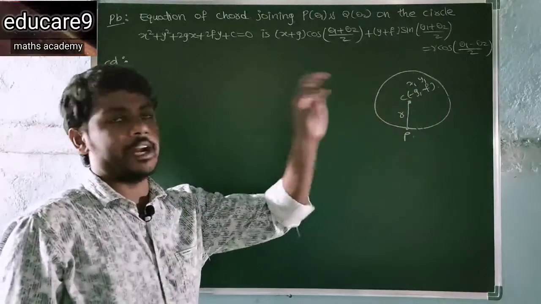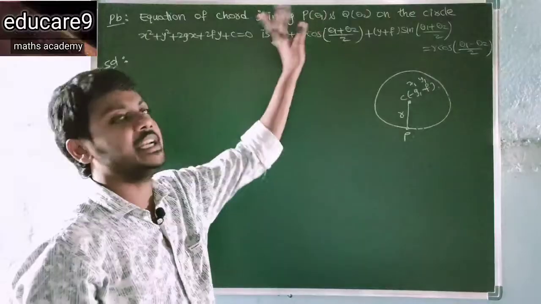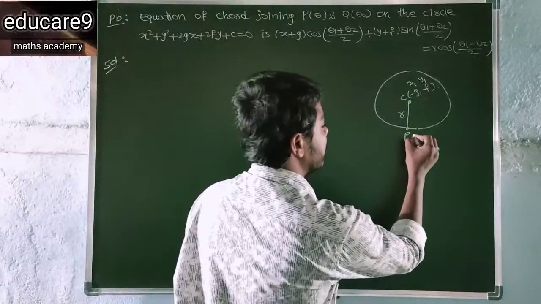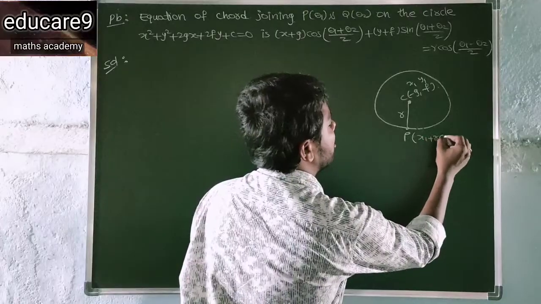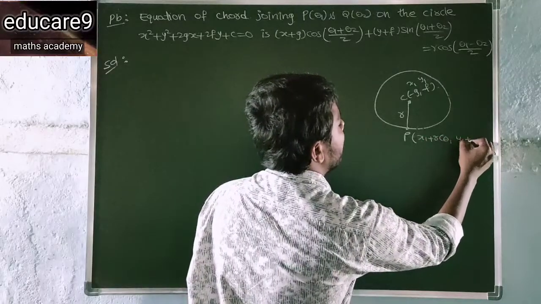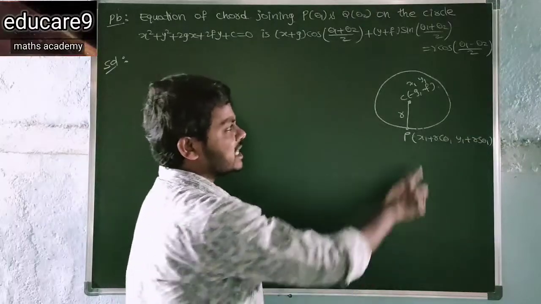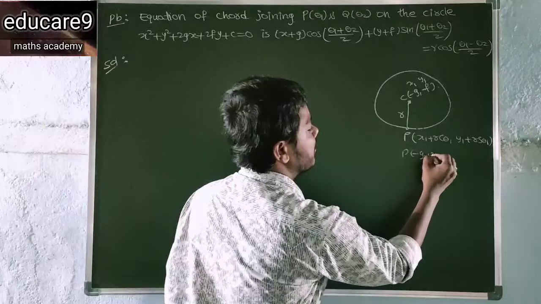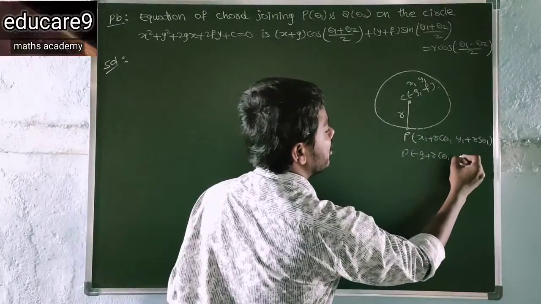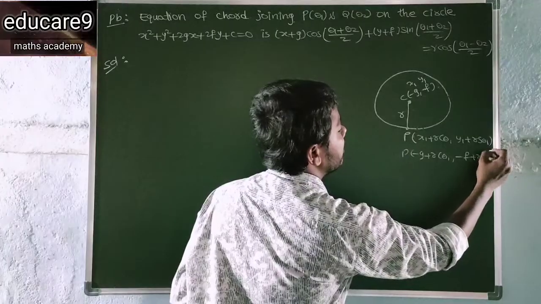Then how to find P? Using parametric form, that is P of theta 1: x1 plus r cos theta 1, y1 plus r sin theta 1. So what is x1? Minus g. So P is minus g plus r cos theta 1, comma, minus f plus r sin theta 1.